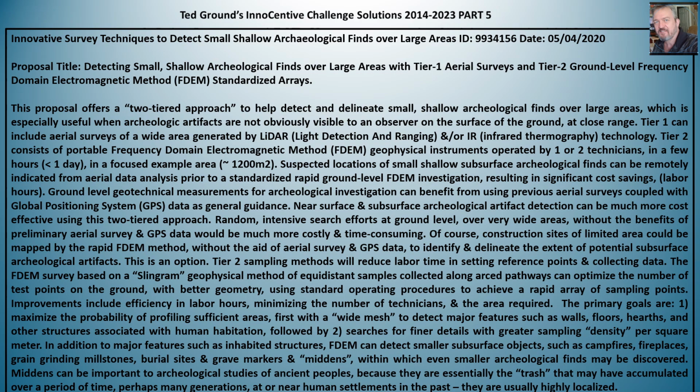And Tier 2 is the frequency domain electromagnetic method, which you do on the ground by one or two technicians in just a few hours, very rapidly. This is not ground penetrating radar. It's FDEM, which I think would be very effective in getting down to less than a meter resolution of what's near the surface, on the surface, or just below the surface. So you can pause this and we can go on to the next one.